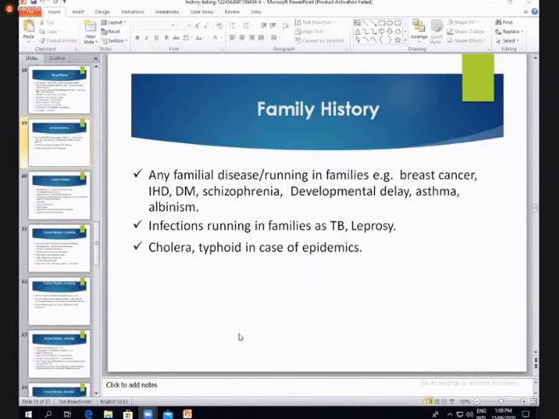Certain diseases have their predisposition on the basis of socioeconomic status, like tuberculosis, like leprosy. Certain diseases are associated with hygienic conditions, like cholera and typhoid. So the family history and the social background are important in that context, as they are going to give you a clue towards the diagnosis as well.